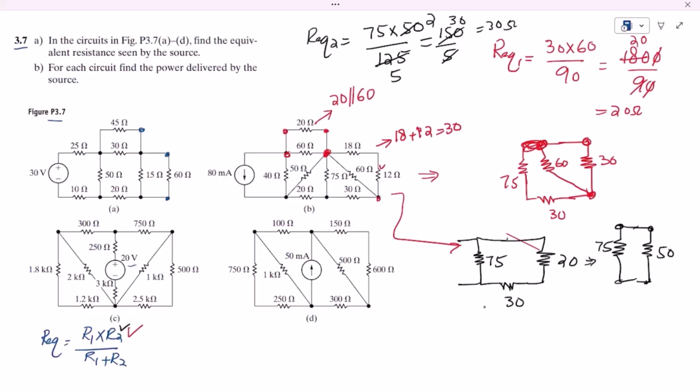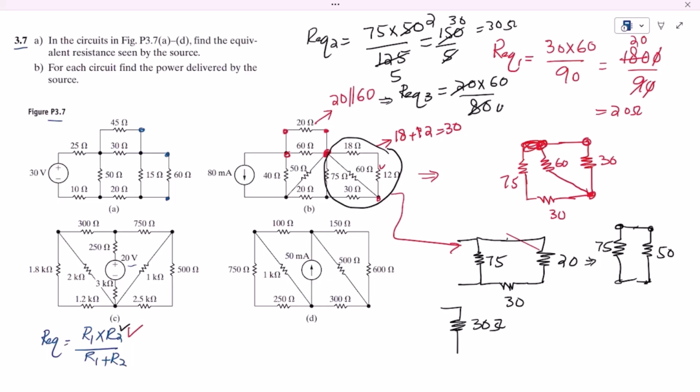So now the equivalent resistance here is this 30 ohm from all of these loops. Now as we have also found the equivalent of it, as these two are in parallel, this is our equivalent 3, that is 20 multiplied by 60 divided by 20 plus 60, which is 80.